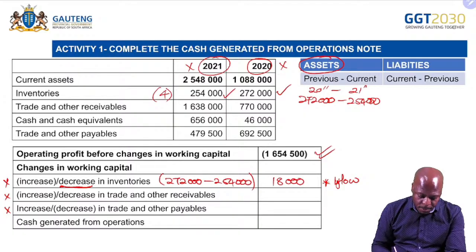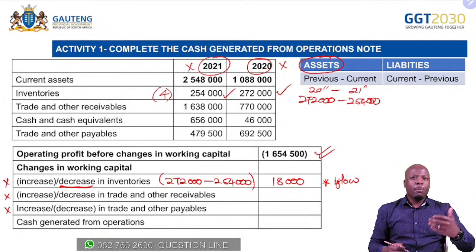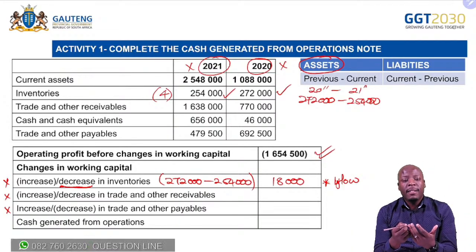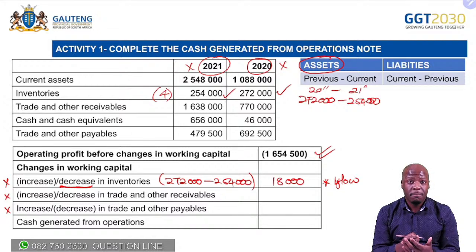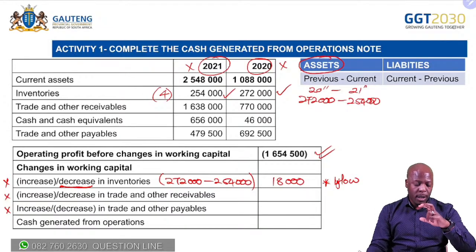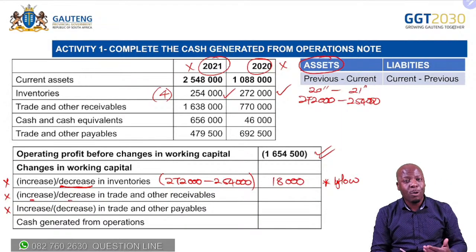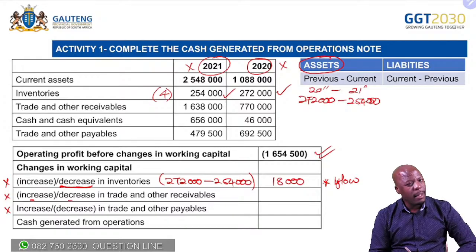The next aspect is trade and other receivables. When you think trade and other receivables, the first thing that comes to mind is trade debtors, businesses and individuals who owe our business. Then there will be two things that you look at: either an increase or a decrease. Let's explain an increase.